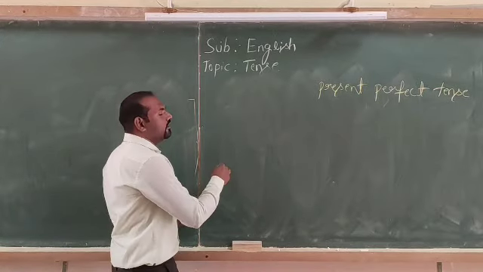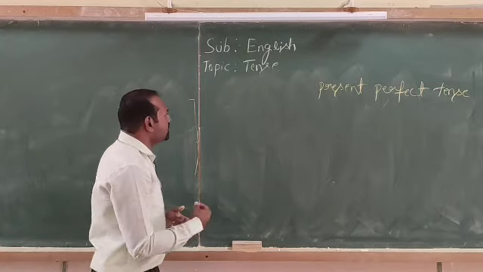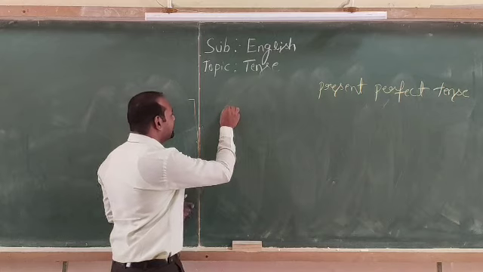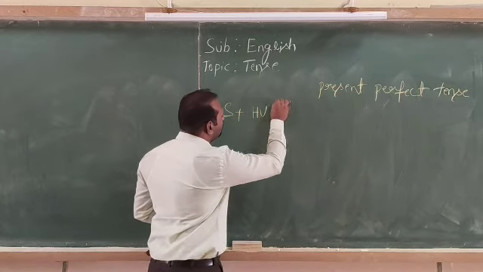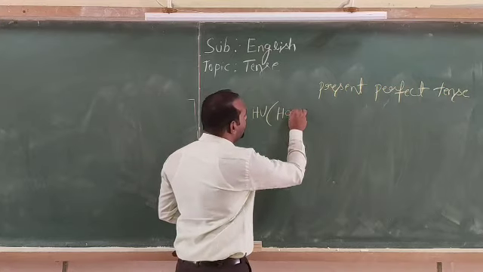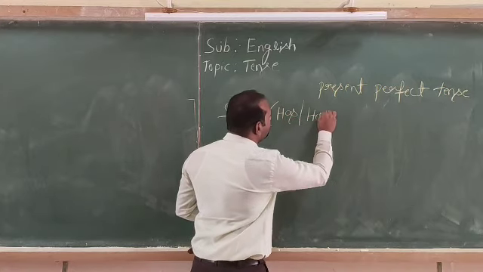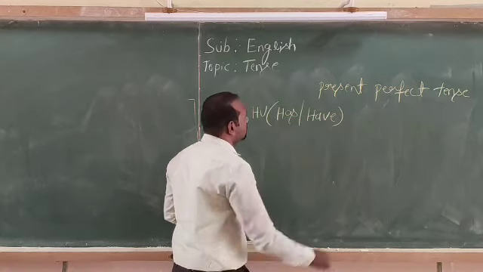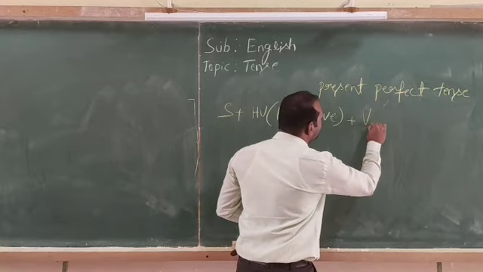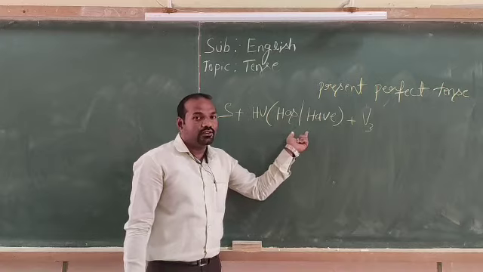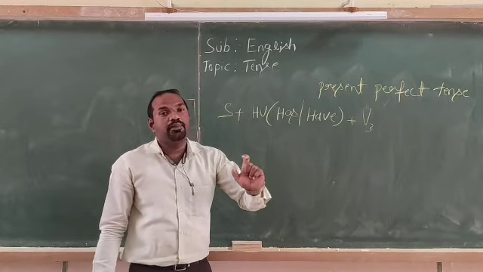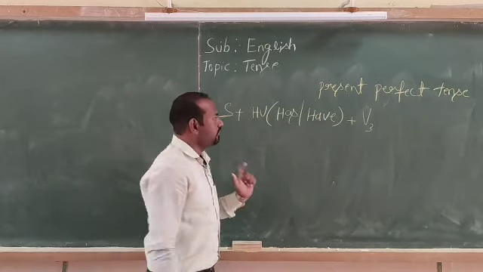When we look into the structure, it is like this: subject, helping verb, either has or have, plus V3. Look here, in present perfect tense, we are using the past participle of the verb.